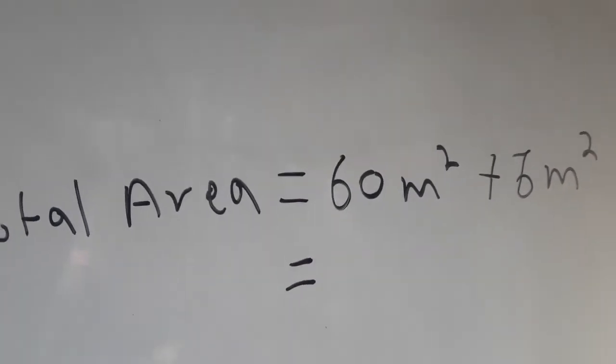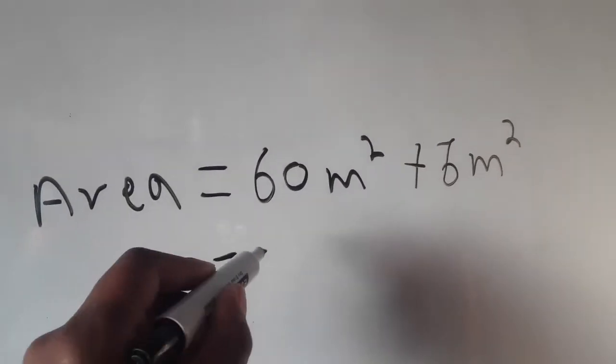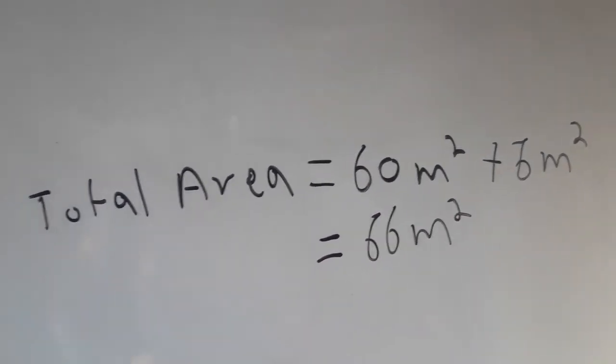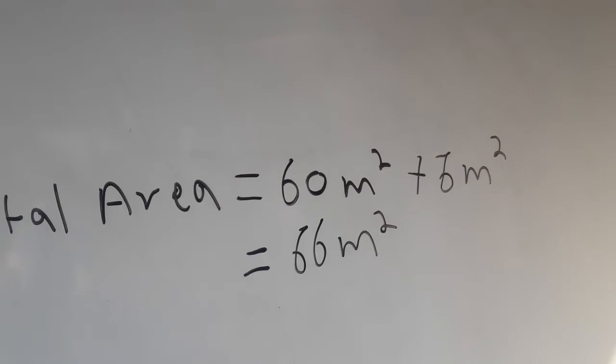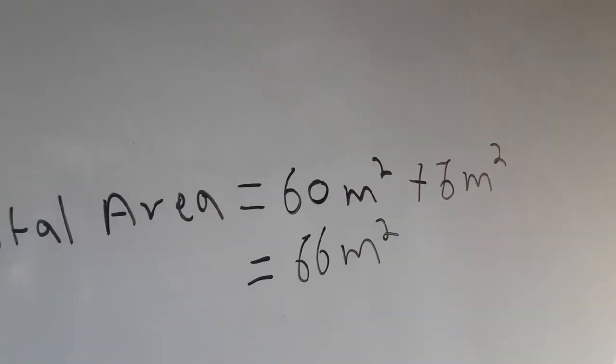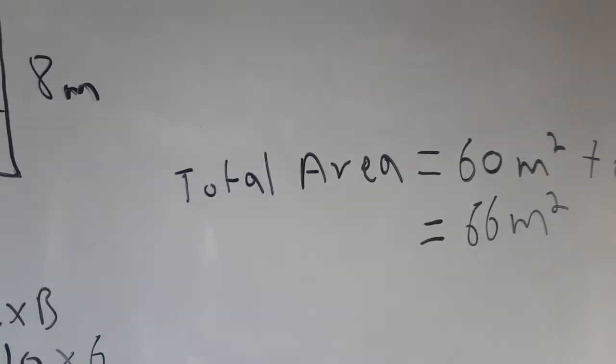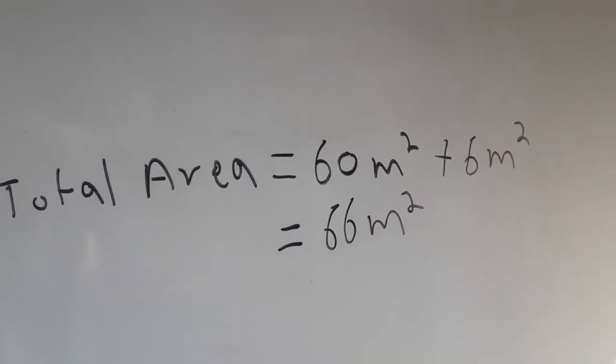So the total area of the floor is going to be 66 meters squared. So now we have calculated the area of the floor.